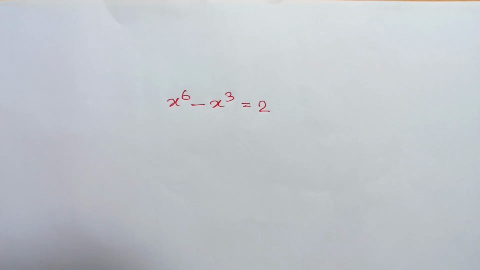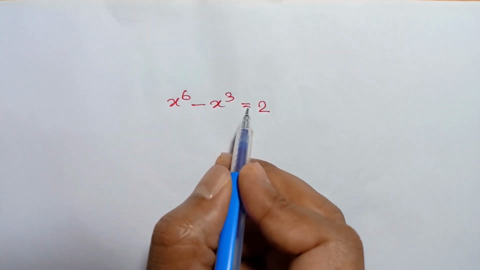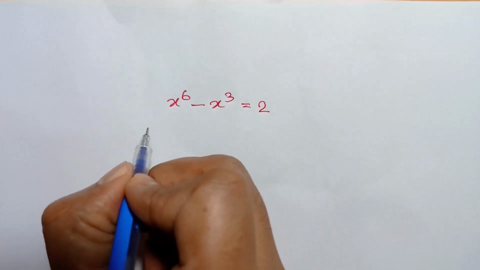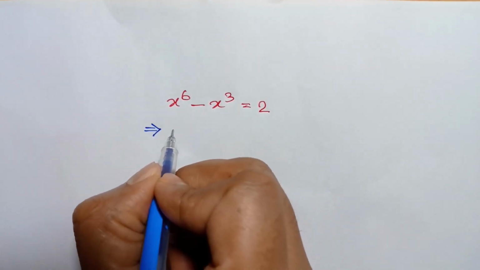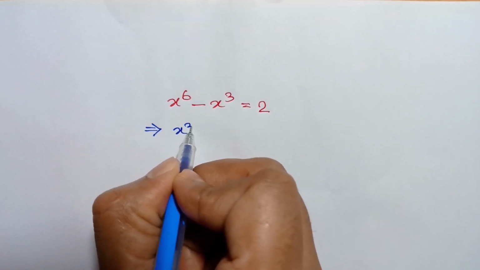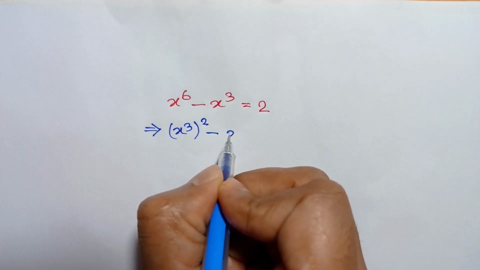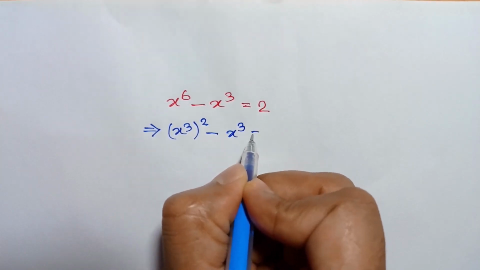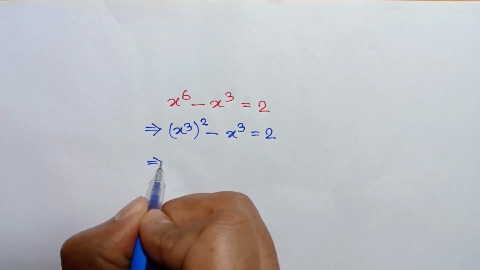Hi everyone, in this video I am going to show how to solve x to the power 6 minus x cube is equal to 2. x to the power 6 can be written as x cube whole square, minus x cube is equal to 2.